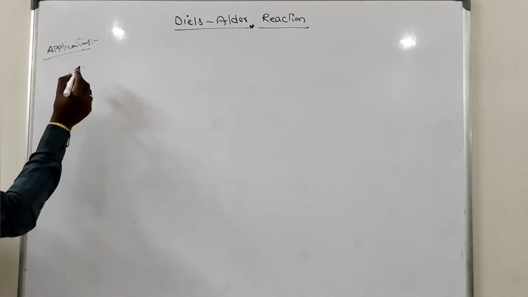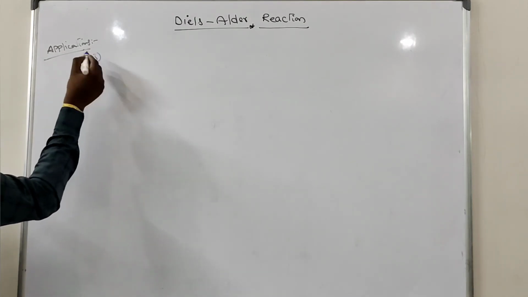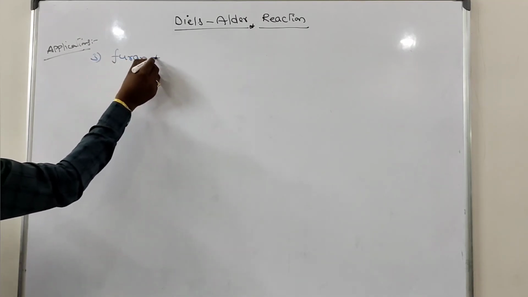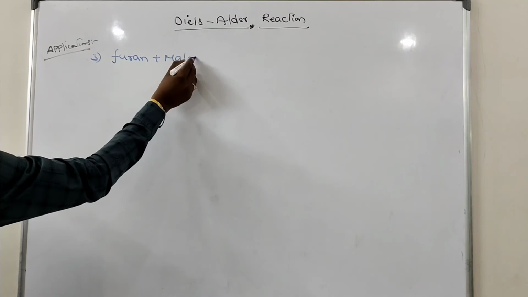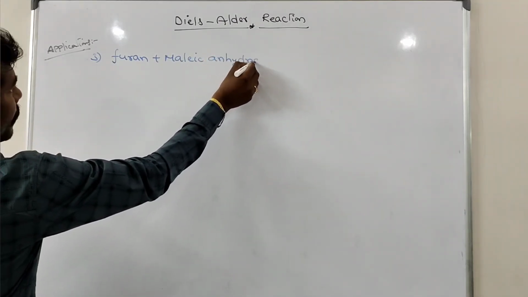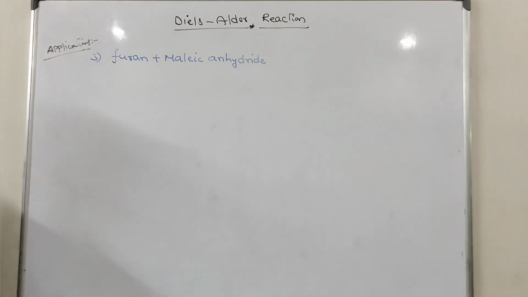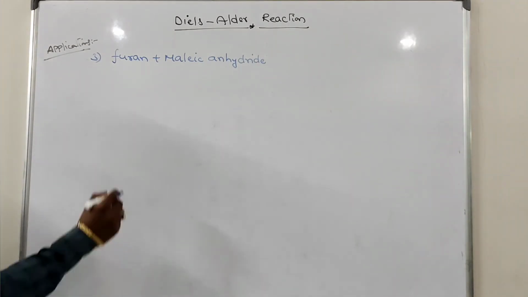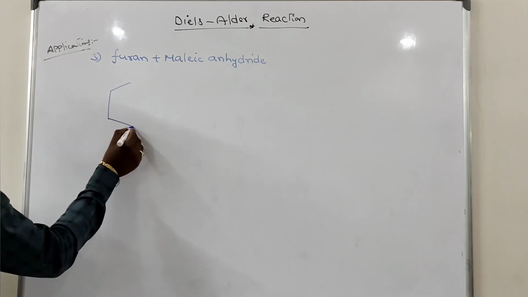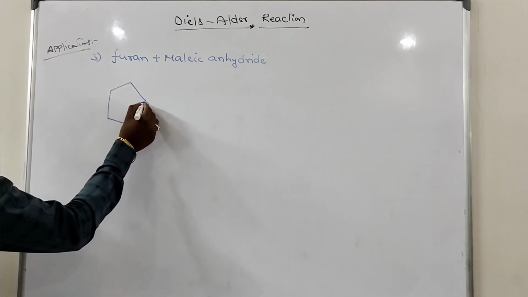Third one: furan and maleic anhydride. Furan is a 5-membered heterocyclic compound.